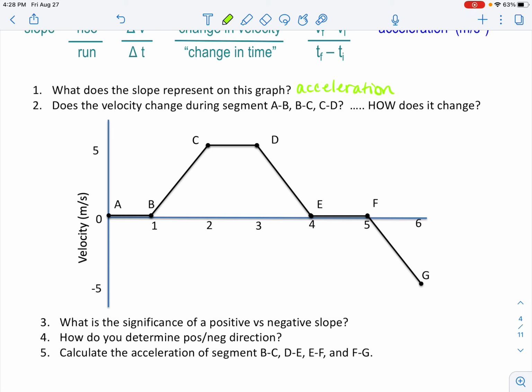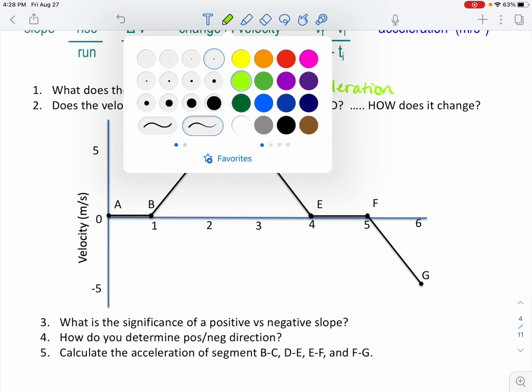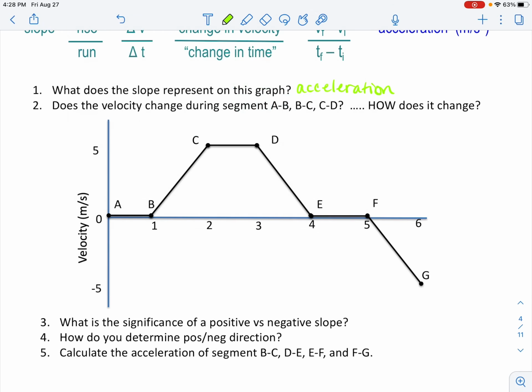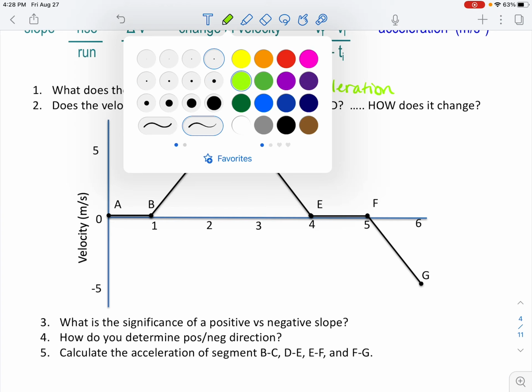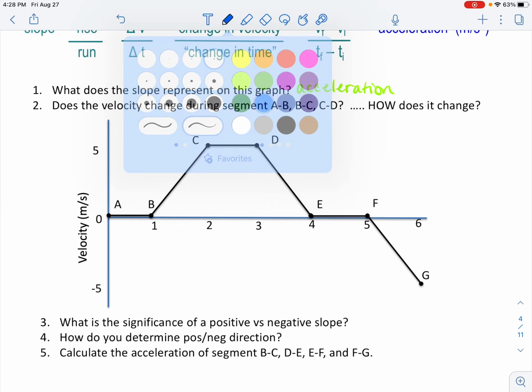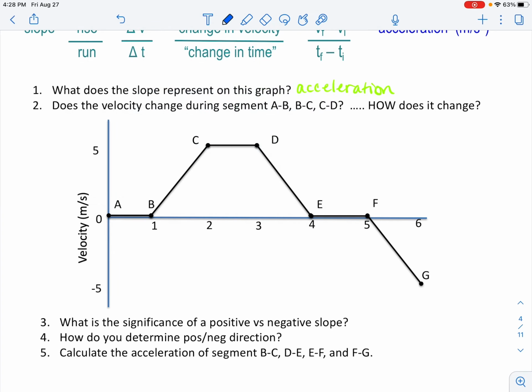So this question states, does the velocity change during these different segments? So does the velocity change during segment BC? Well, the velocity was 0 and now it is 5. Yes, the velocity changed in segment BC.